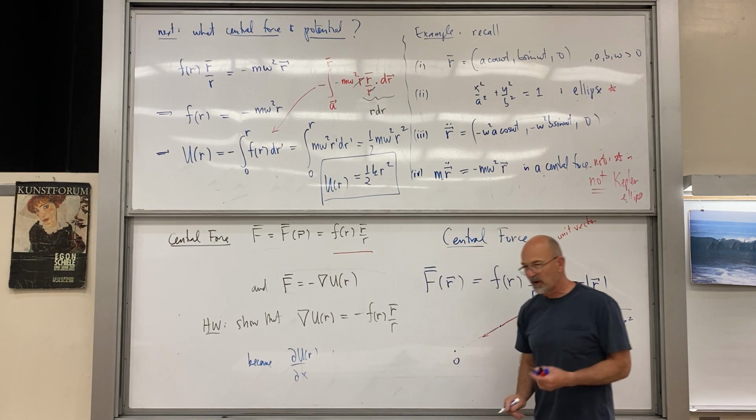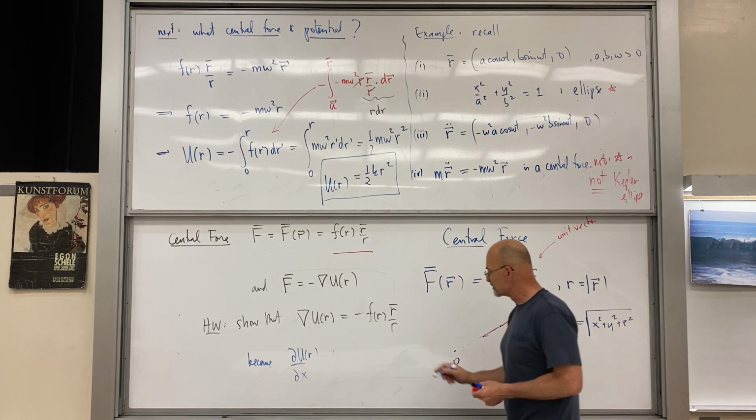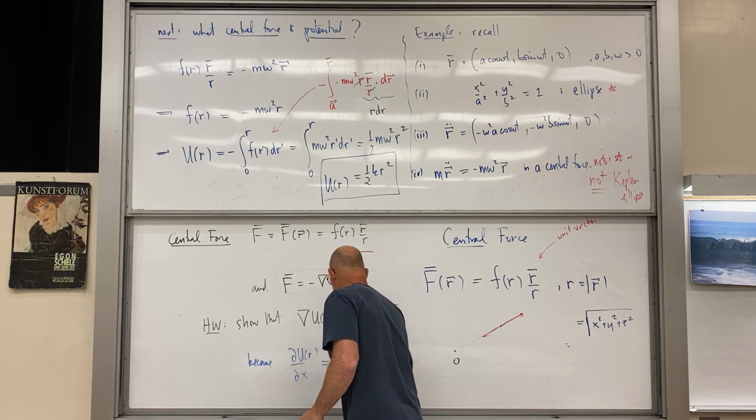We're going to have three of these for the gradient: dx, dy, and dz. So let's just do it for x.